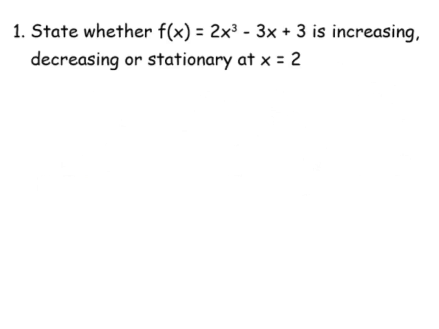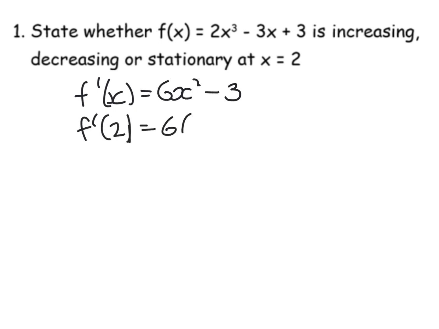Okay, so question 1. State whether this function is increasing, decreasing or stationary when x equals 2. The minute you hear these words, increasing, decreasing functions, it's a buzzword to differentiate. So we're going to differentiate f of x, and it will give us 6x squared, take away 3. So a nice short derivative. They've told us when x is 2, so we're going to plug in the value of 2.